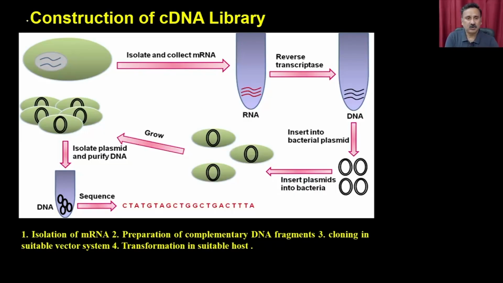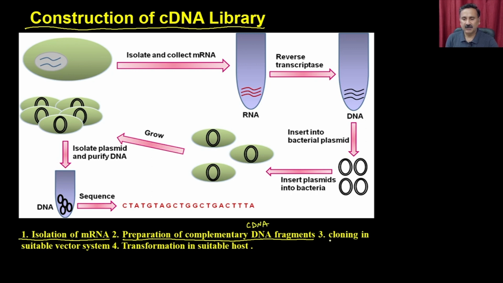So the construction of the cDNA library is a multi-step process. In step 1 you isolate the messenger RNA. In step 2 you prepare the complementary DNA, or cDNA in short.